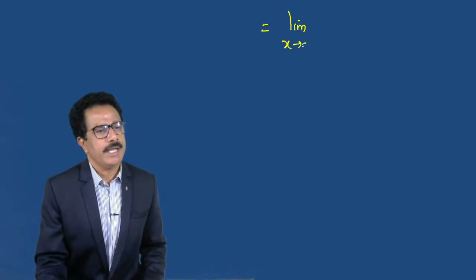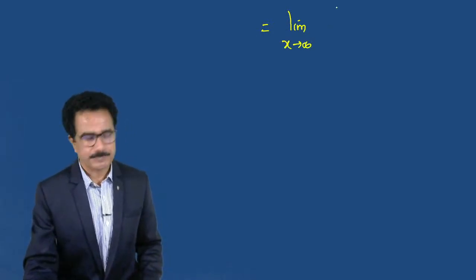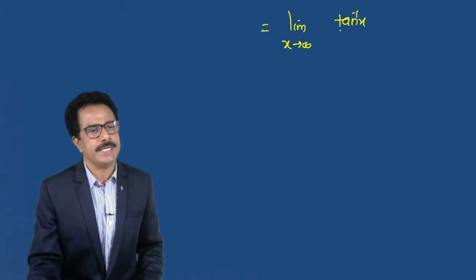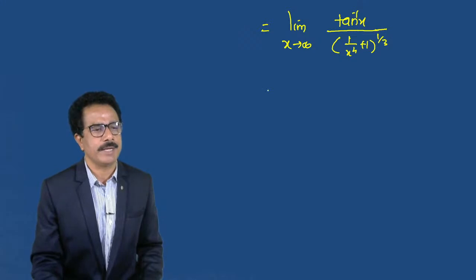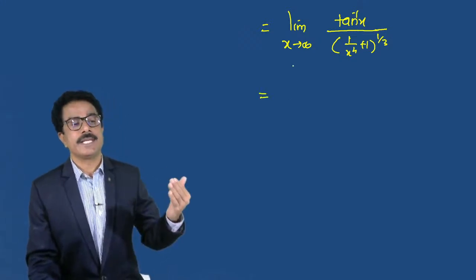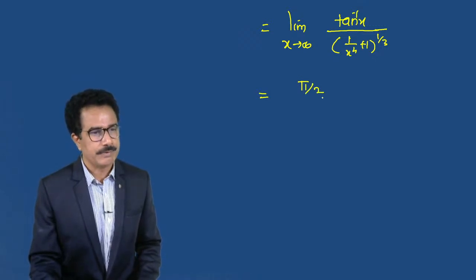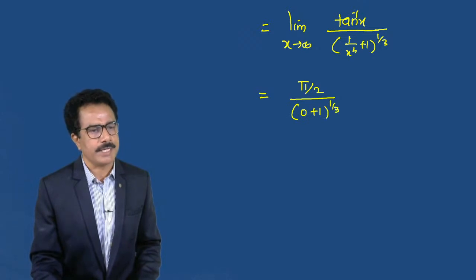So we get limit x tends to infinity, x raised to 4 by 3 gets cancelled, tan inverse x divided by (1 upon x raised to 4 plus 1) bracket raised to 1 by 3. As x tends to infinity, the value of tan inverse infinity is pi by 2, divided by (0 plus 1) bracket raised to 1 by 3.